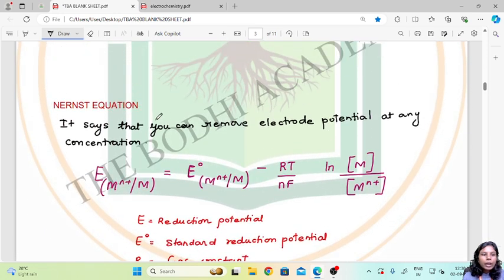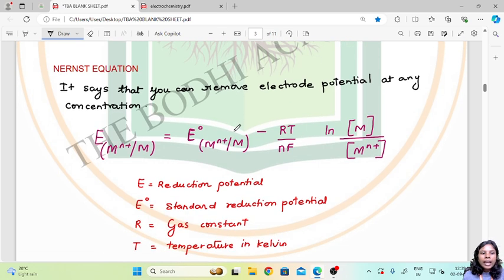Now next, let's look at the Nernst equation. Till now, in whatever reactions or electrode potentials we determined, we were considering the concentration of the product and the reactant to be unity. When we say unity, it is 1 molar or 1 mole per liter. But in reality this is not always the case.